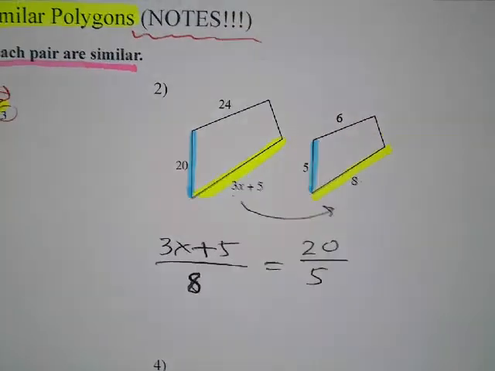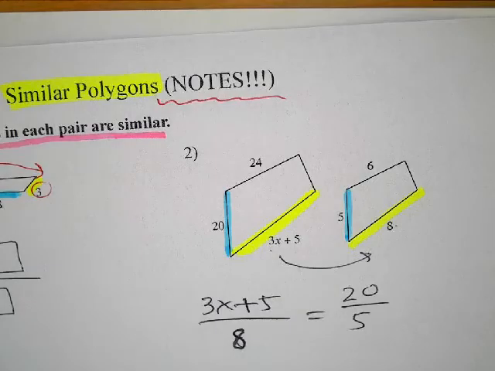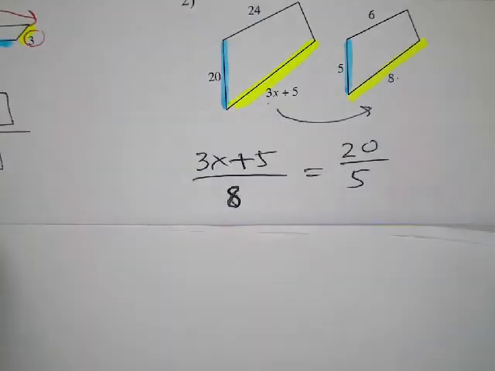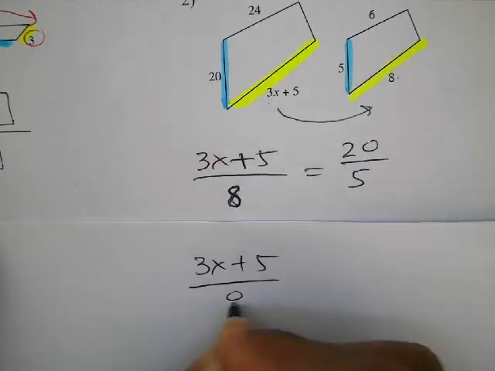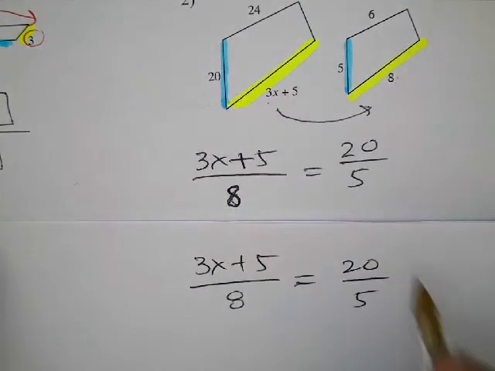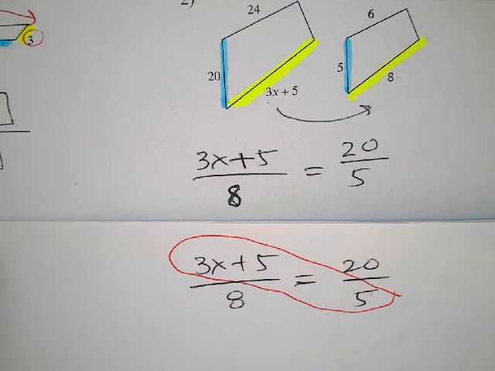All right, then you just cross multiply. When you cross multiply here, all right, let me do it over here. 3x plus 5 over 8 equals 20 over 5. When I cross multiply, I'm going to start with this one.